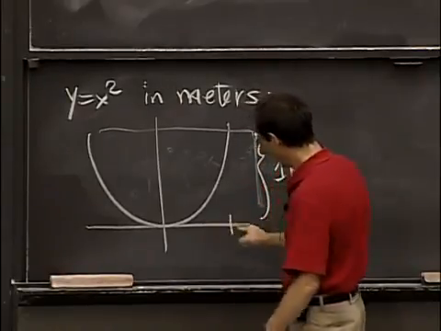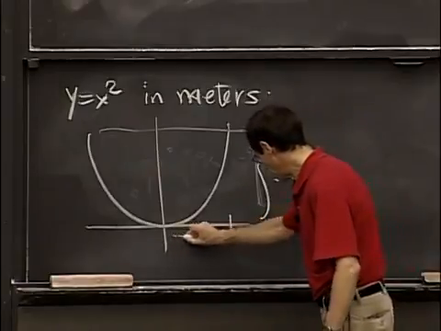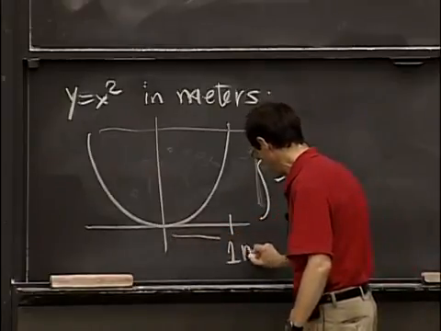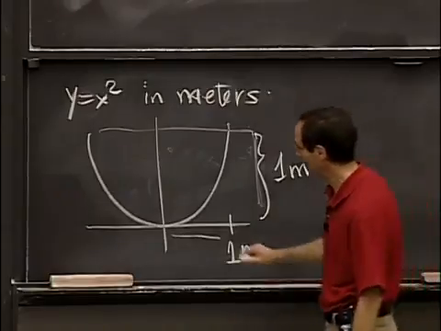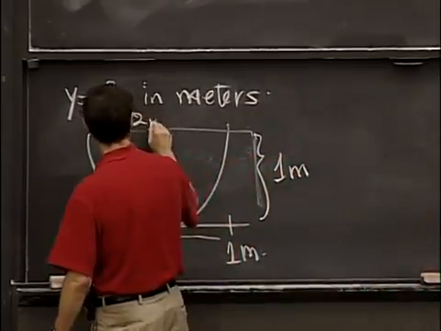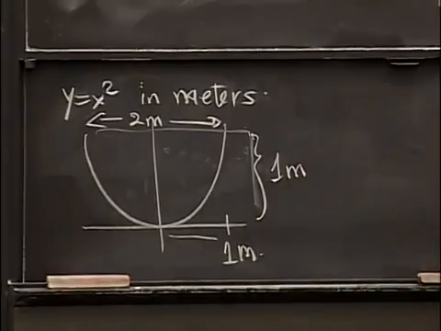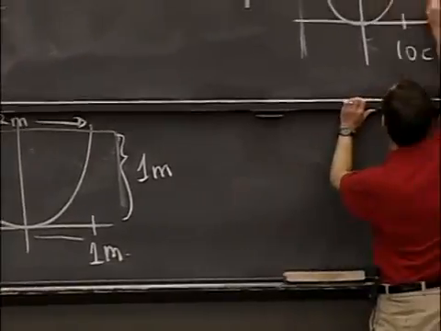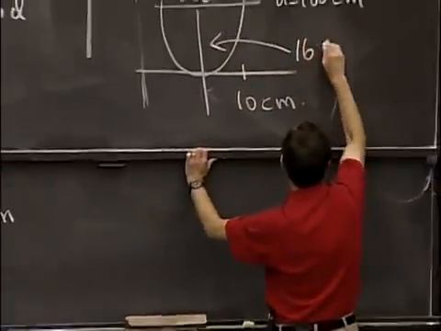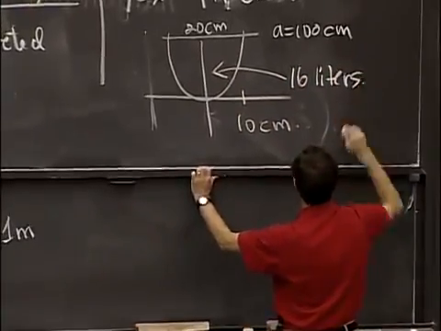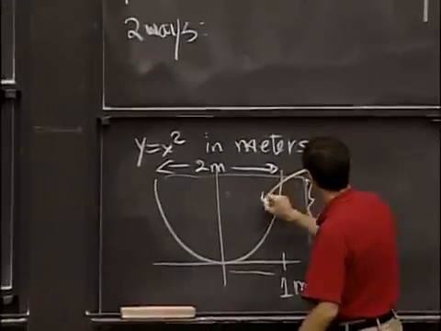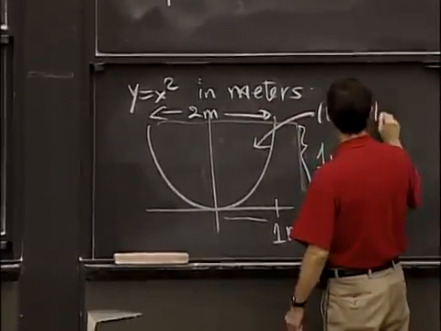And then the square root of 1 is 1. So this distance here is also 1 meter. And the top is 2 meters. All right? Now, it's not that crazy, and in fact, it's easy to check that it's pretty reasonable in terms of scale, that this thing has 16 liters in it. And this guy has 1,600 liters in it.